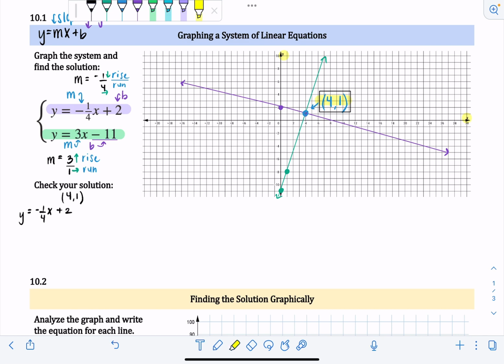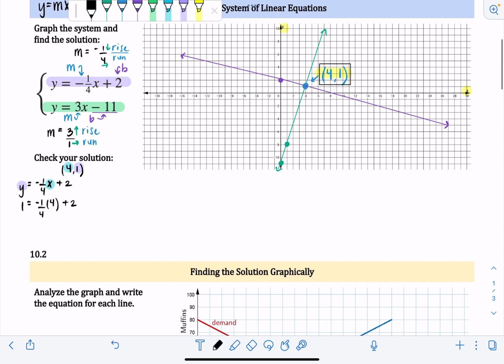If my solution was (4, 1), 4 is the x-coordinate, so I would put 4 in for x, and then 1 is the y-coordinate, so I would put 1 in for y. So then this would turn into 1 equals negative 1/4 times 4 plus 2.